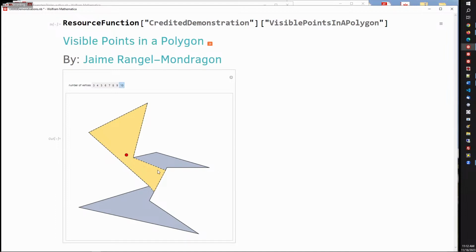The visible points in a polygon, this is also known as the art gallery problem. If you have an odd polygon and a light, what can you see in the polygon based on where the light is?